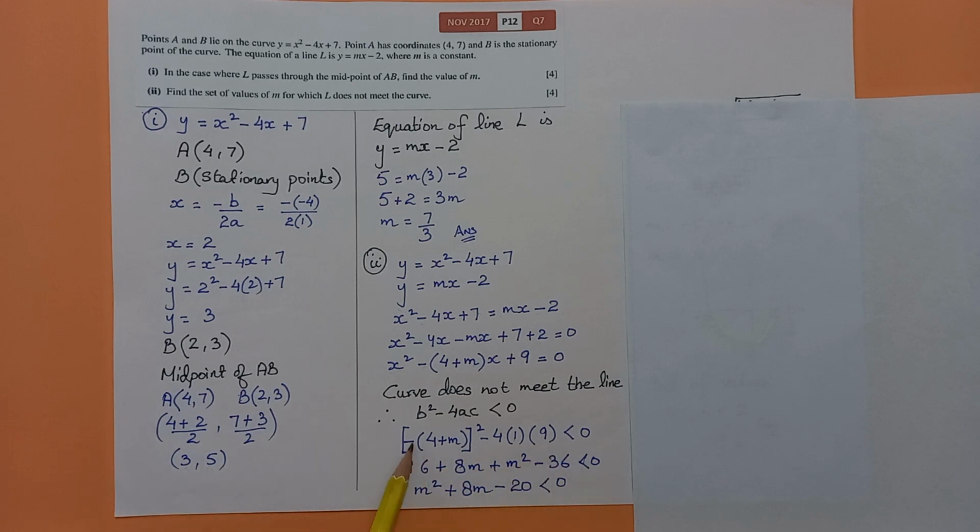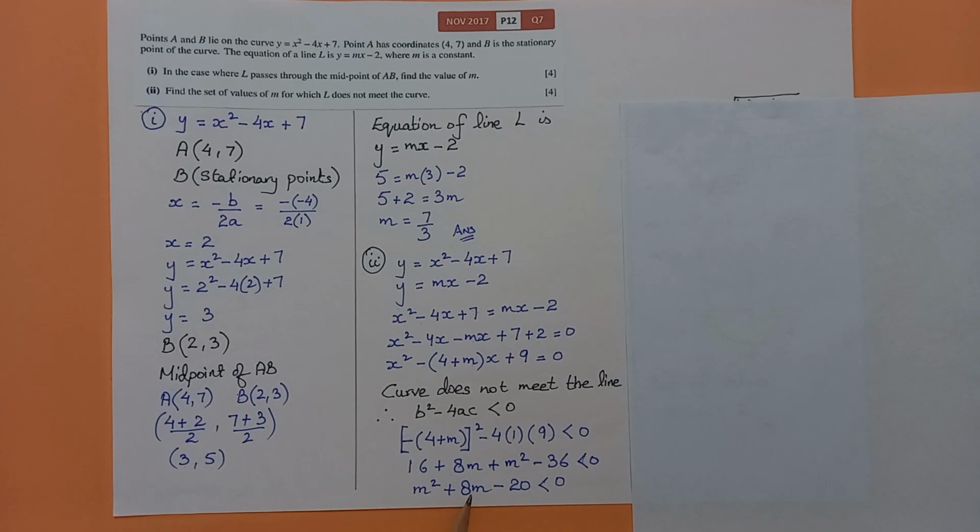Simplify: negative squared is positive, use the formula (a + b)² = a² + 2ab + b², so 16 + 8m + m², and minus 4 times 1 times 9 is minus 36. Rearrange them and you can see a proper quadratic equation in m is made.